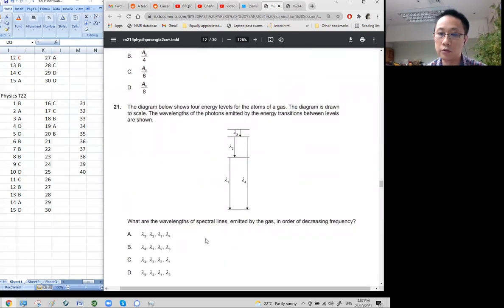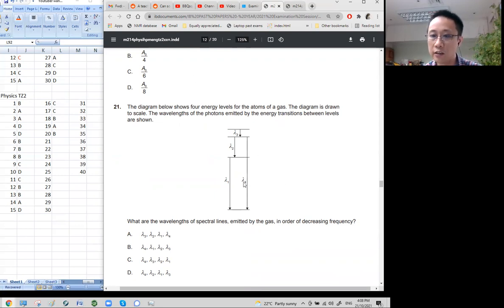21, they want you to list the wavelengths of decreasing frequency. So high frequency is short wavelength. They recognize that the length of the arrows are directly proportional to energy and not the wavelength themselves. So lambda 4 should have the highest energy and hence the shortest wavelength, and also the highest frequency, because they're asking you to rank the frequency.